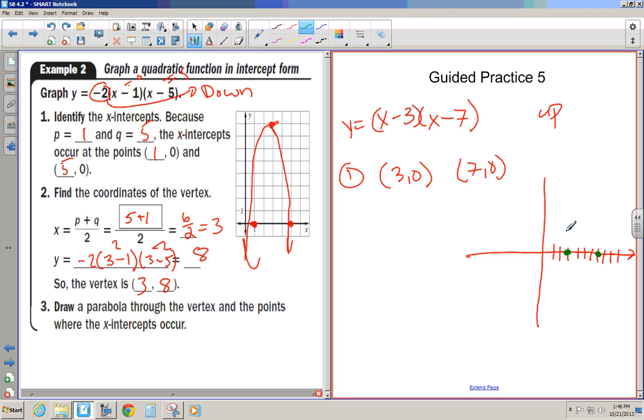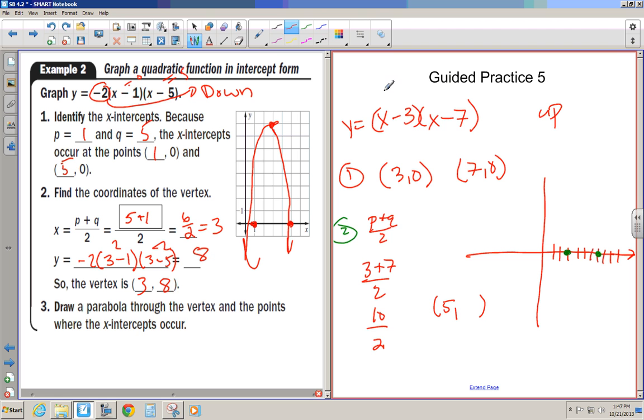All right, those are the intercepts, and there's their plot. Number 2 is find the vertex. So the vertex is at p plus q over 2. Well, that's 3 plus 7 over 2. That's 10 over 2, which is 5.